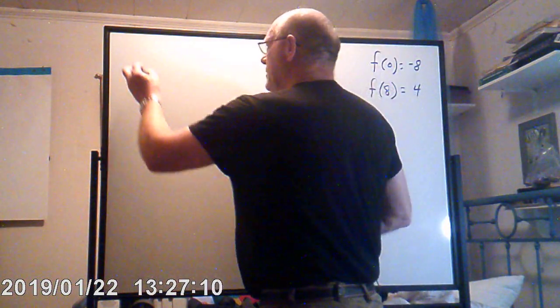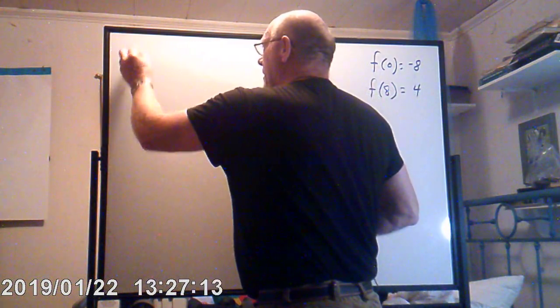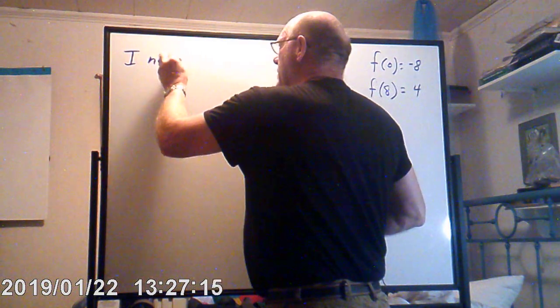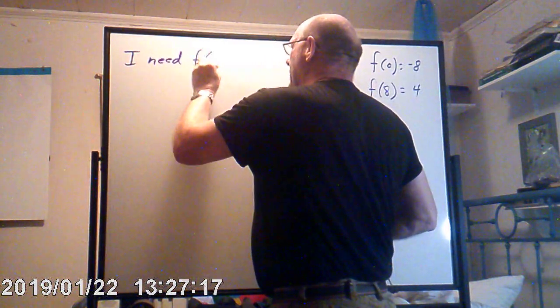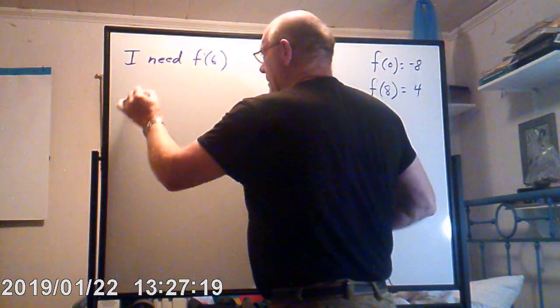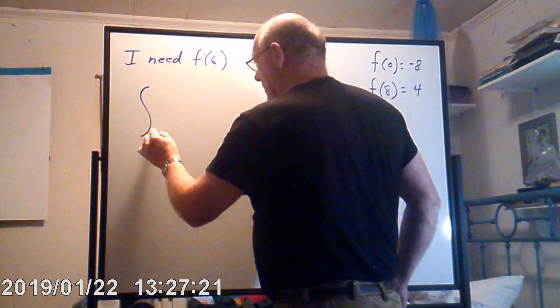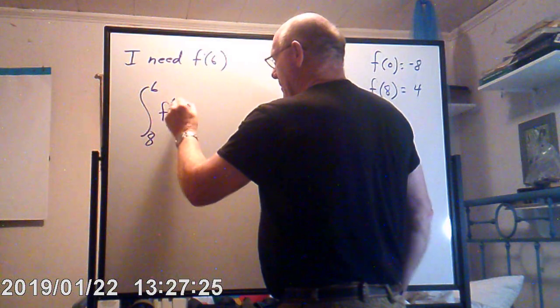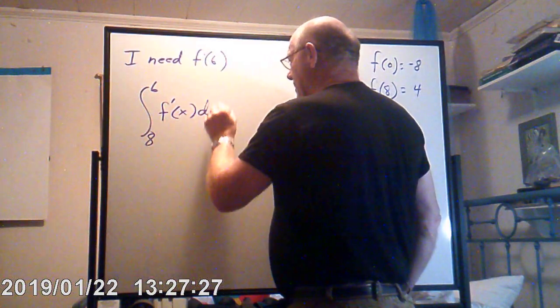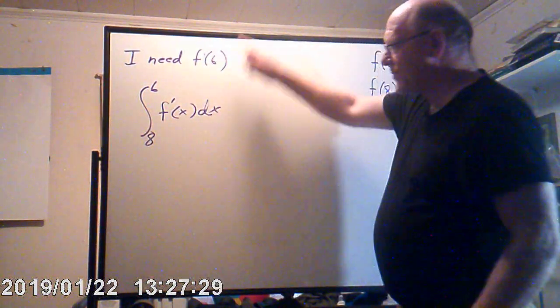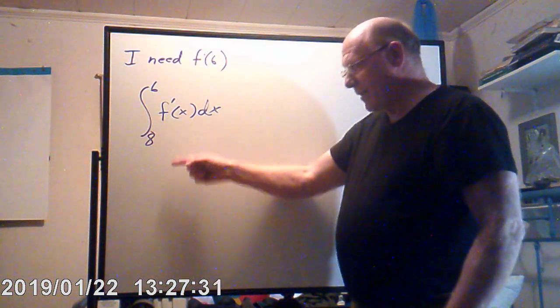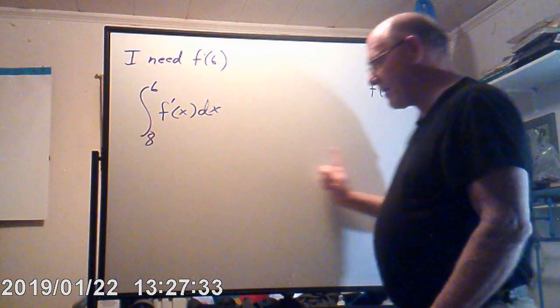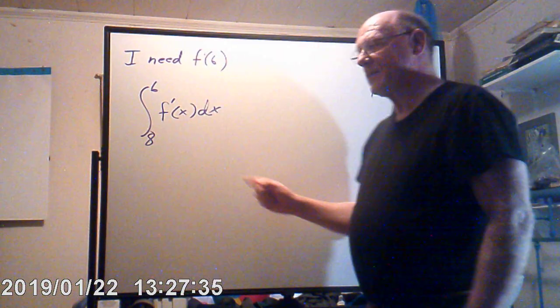Well, I need F at 6. Again, it's going to be from 8 to 6. F prime, that's the only way I can change F prime to F. I've got to integrate, and again, I'm working backwards, okay?